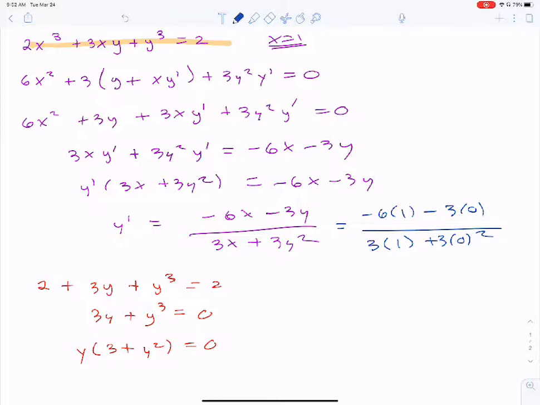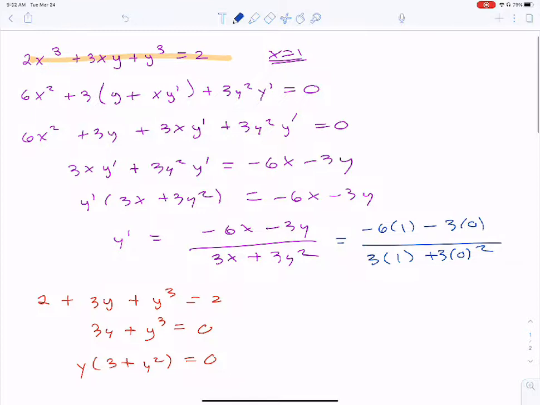So the question is, what are you doing in the red? In the red, I was taking this value right here, x equals 1, and I was plugging it into the position function just so I could figure out what point. Notice when I took this right here, in order to evaluate y prime, I needed to know what x and y are. I didn't know what y is because all they told me was x equals 1.